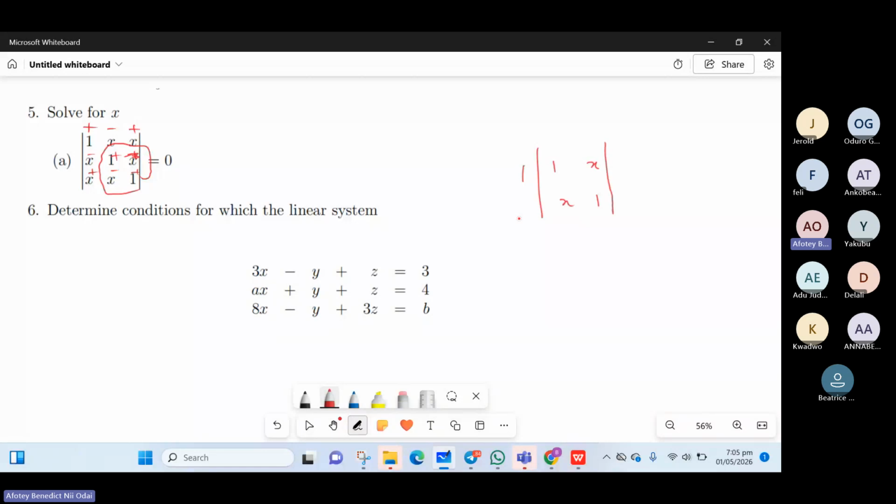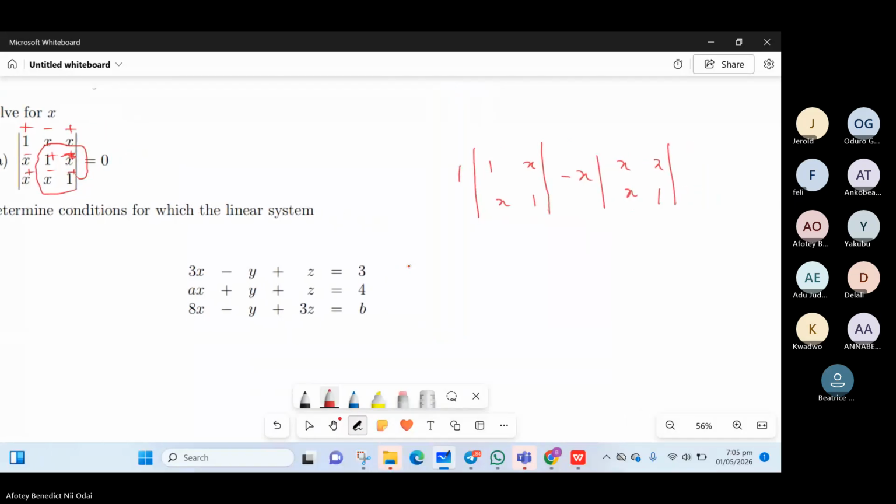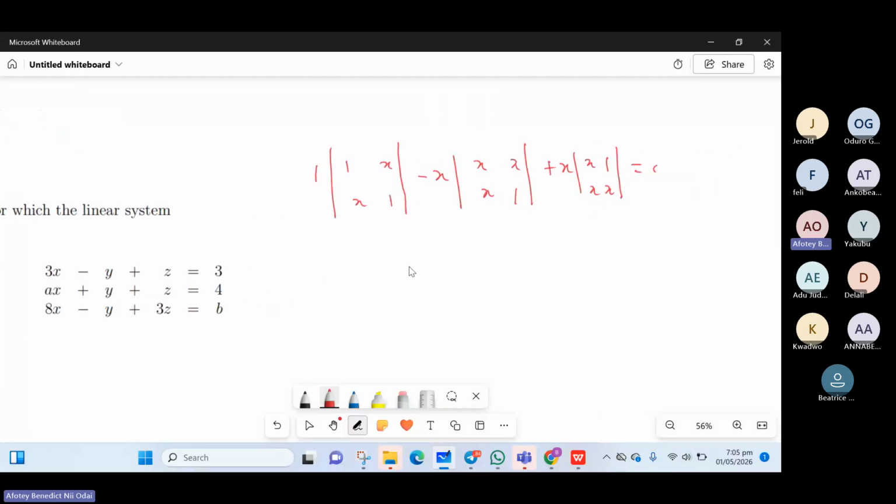And this x becomes negative because of this sign, negative x, then x x, x 1, plus x, then x 1, x x, and this is equal to 0.